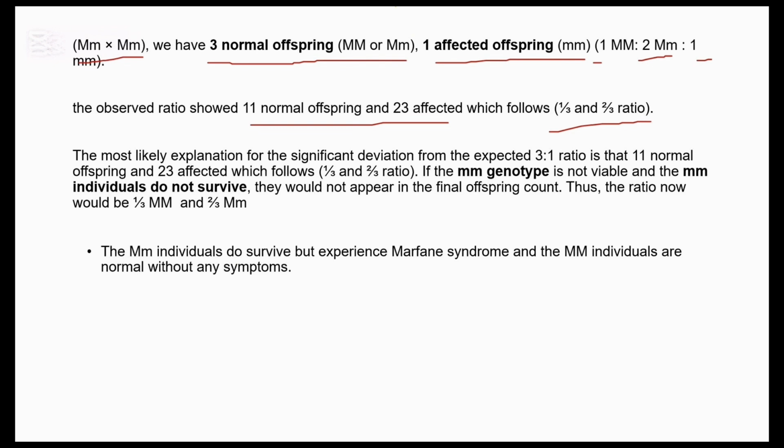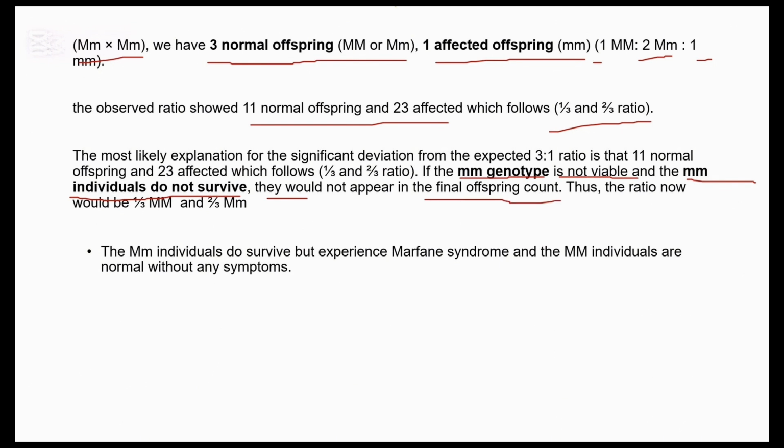So the most likely explanation is that the small m genotype is not viable because they suffer from serious syndromes. So the small m individuals tend to die. They do not survive and die as an embryo, so they would not appear in the final offspring count.